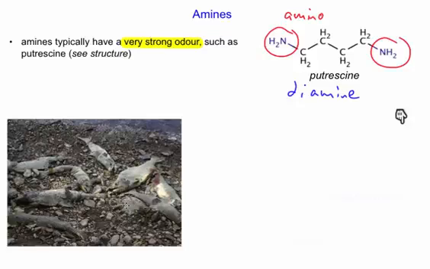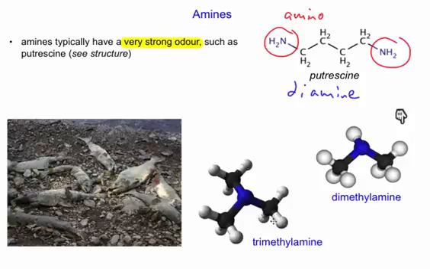Something else, you might happen along this scene on a beach. This picture is actually from British Columbia. There was lots of dead salmon, and so the smell of rotten fish arises from two different amines, dimethylamine and trimethylamine. And so here we can classify these. So dimethylamine, here's my amino group, and I have two ligands. Here's a ligand, there's a ligand.